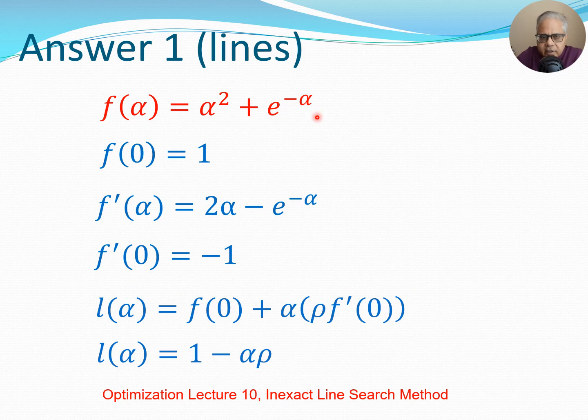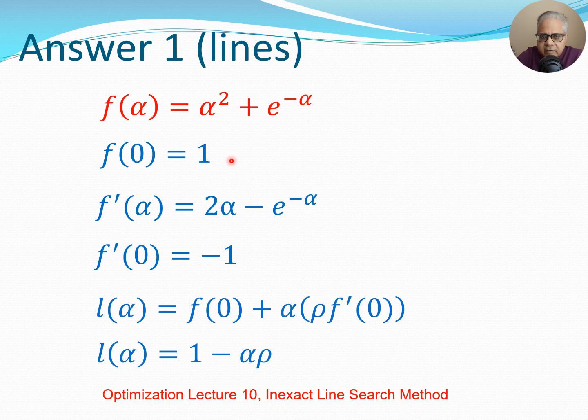Now before we begin, we can actually try to get the equation of this line. So again, the function f is given here. f0 is clearly 1, because if we set 0 values here, e to the power 0 is going to be 1. Now I can immediately calculate f dash, that's given here, and then f dash of 0 becomes negative 1, because again I have negative e to the power 0 and that's negative 1.